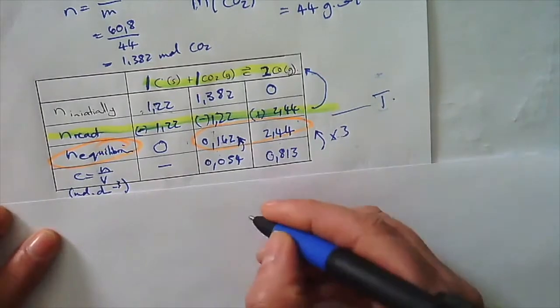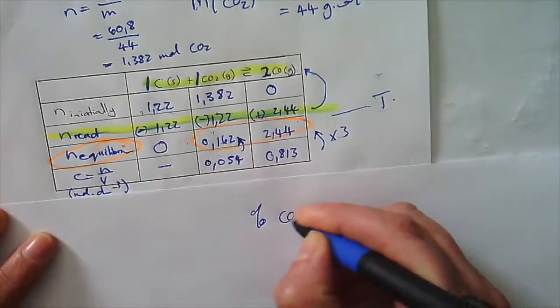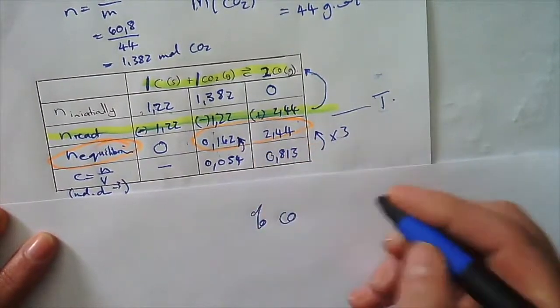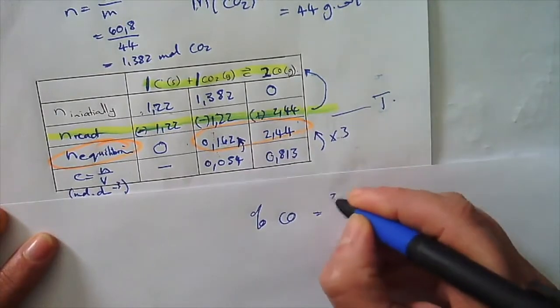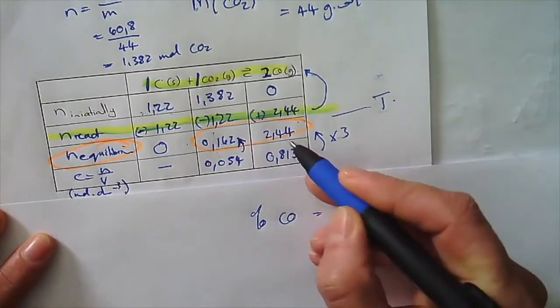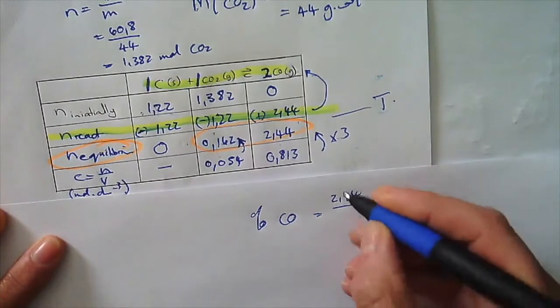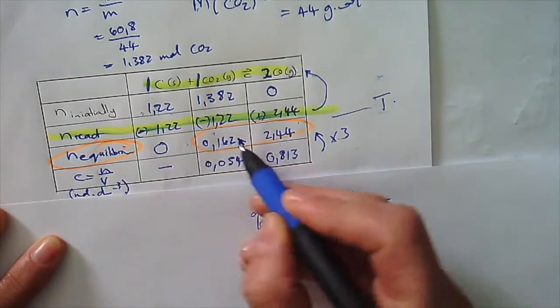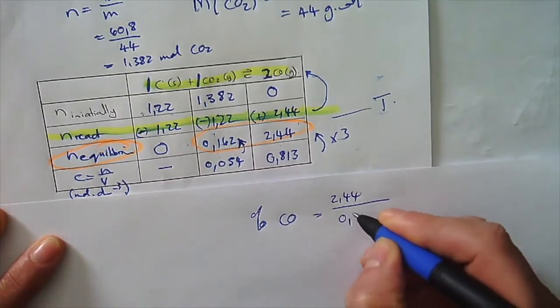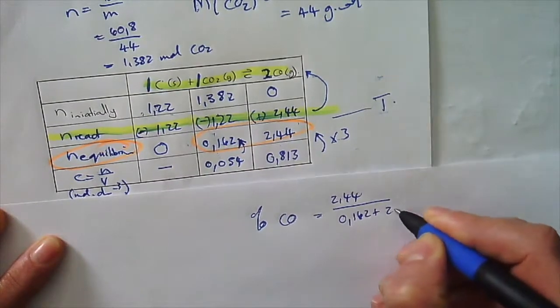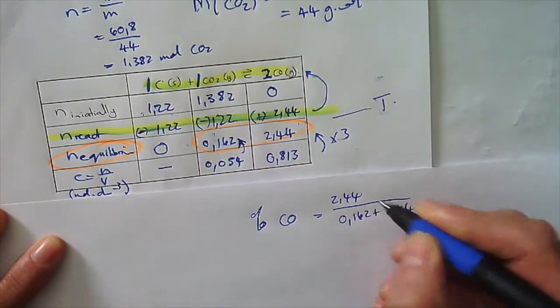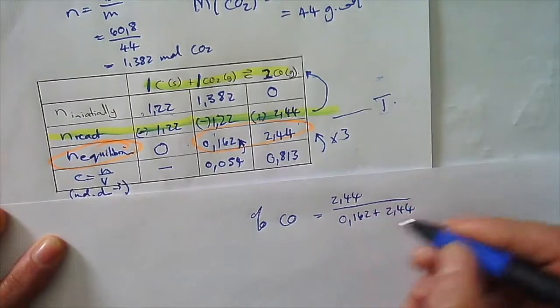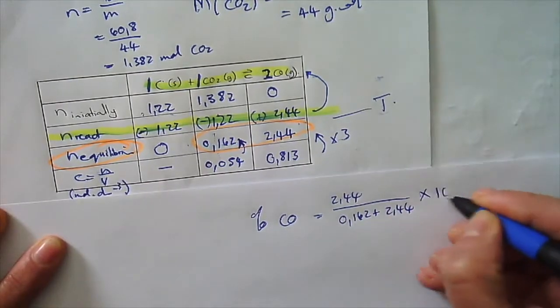Right, so now we can say the percentage CO at that time at equilibrium is the 2,44 moles of CO that we've got divided by all the moles in that container, 0,162 and 2,44. So the moles that's only CO divided by all the moles times 100.